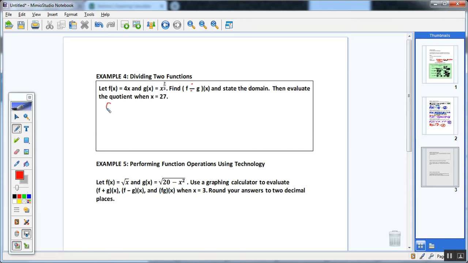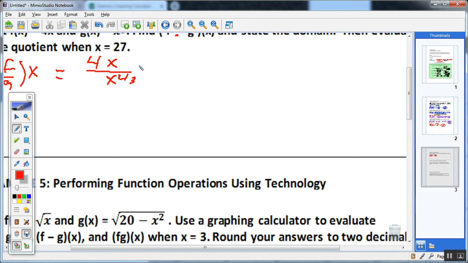Okay, so here we go. F over g of x here, kids, is going to equal 4x over x to the 2/3. Kids like bases in x.